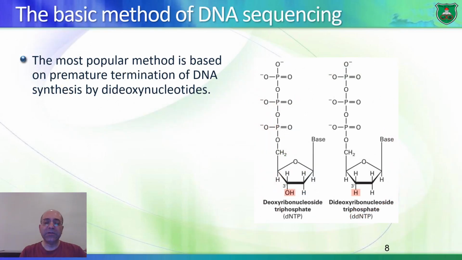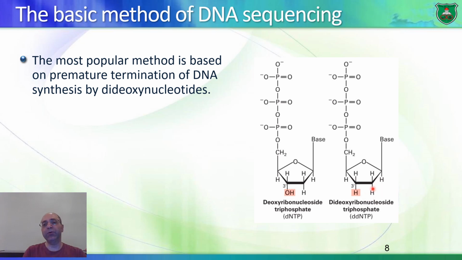So let's start with talking about the technique. The technique of DNA sequencing was originally based on the use of a dideoxynucleotide. The dideoxynucleotide is similar to the deoxynucleotide. You have again the sugar, the base, 3 phosphate groups, and a 3' end right here. Now this is a dideoxy because it has a deoxy carbon right here.